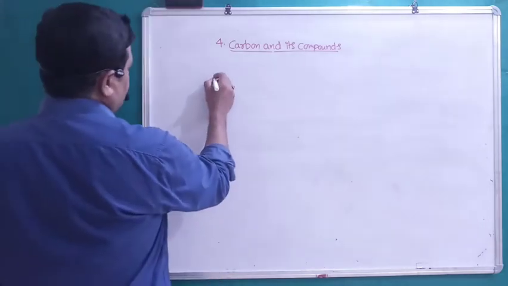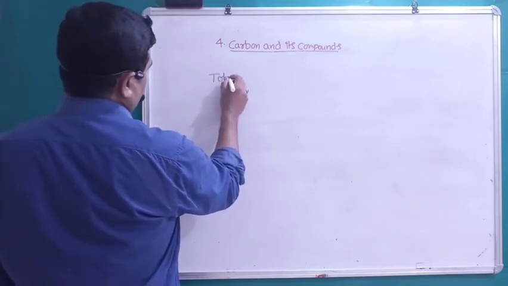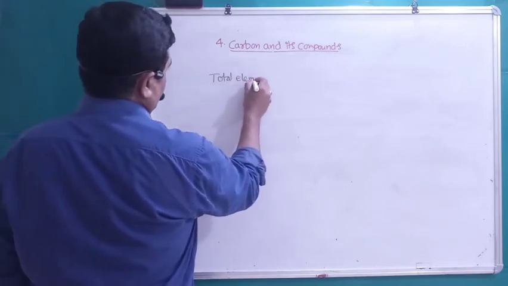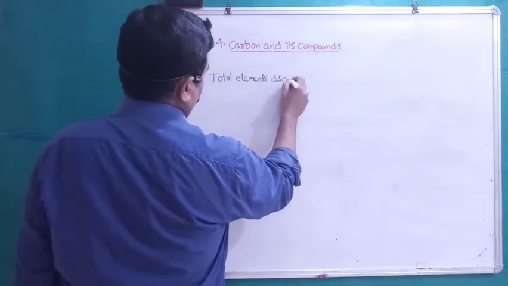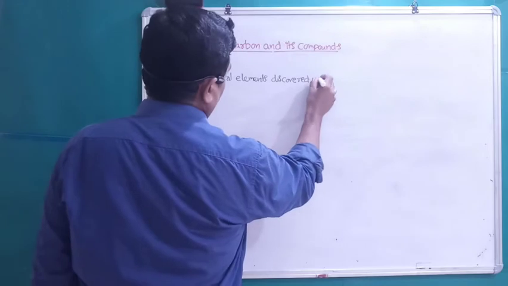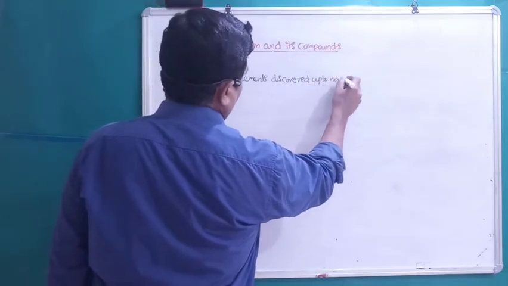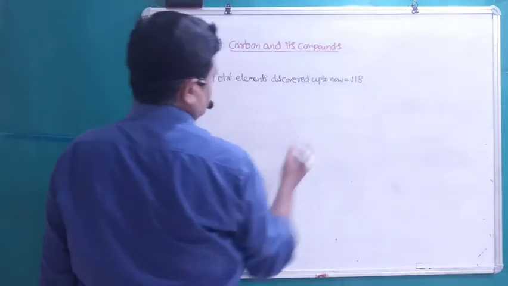The total elements of the periodic table discovered up to now is 118.